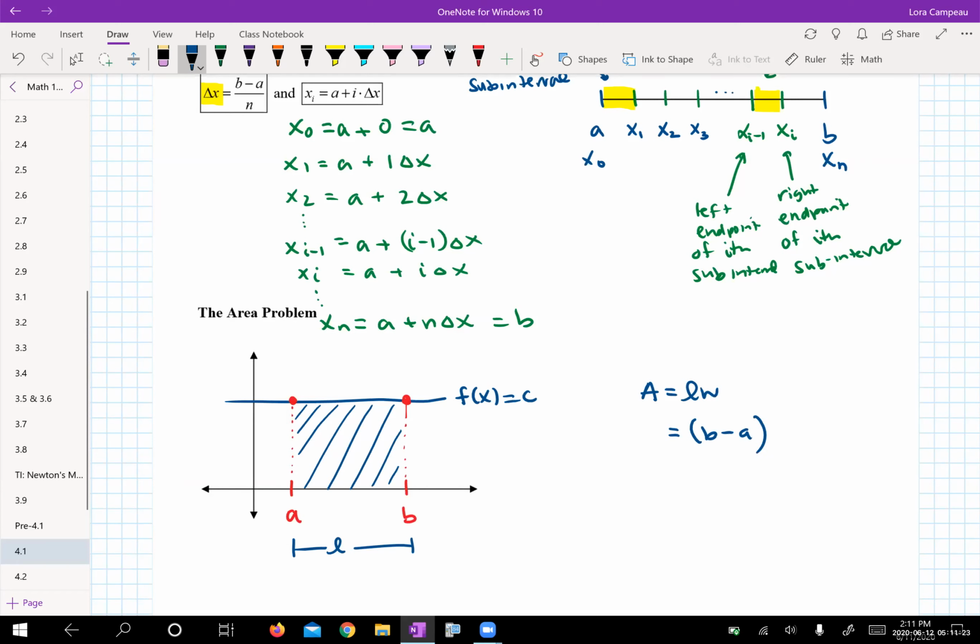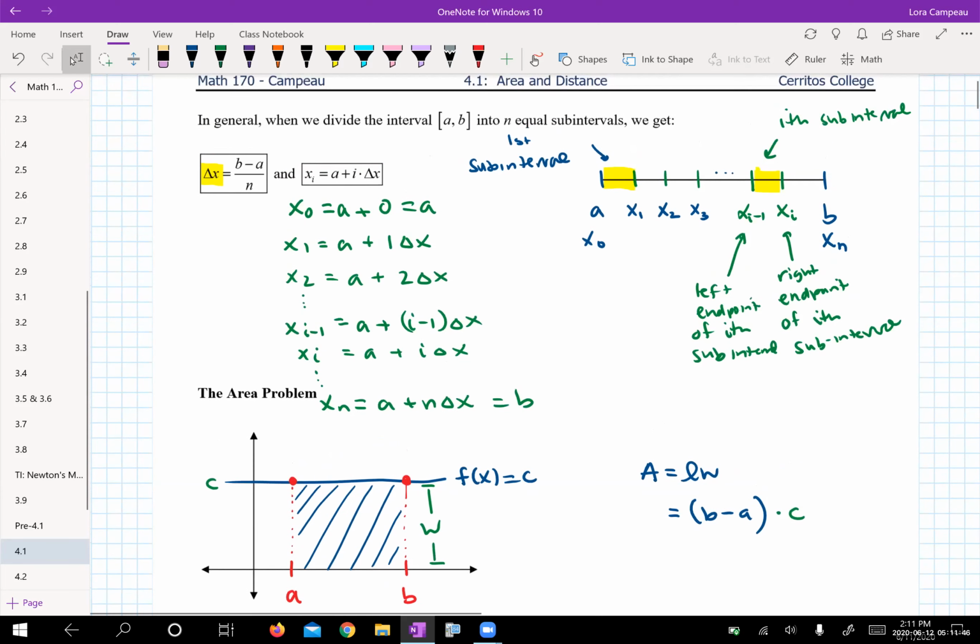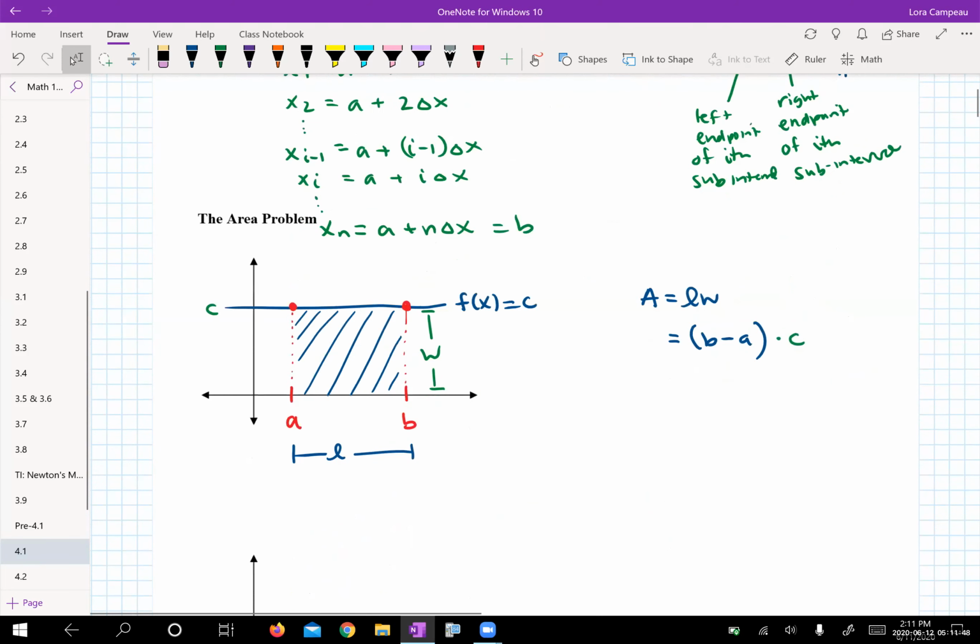So that's the length. And the width is the height. So if the width is the height, what is the y value at each of those points? The y value at each of those points is c. So this is where they're getting this formula from. That's kind of interesting, I see the b minus a coming into the picture.